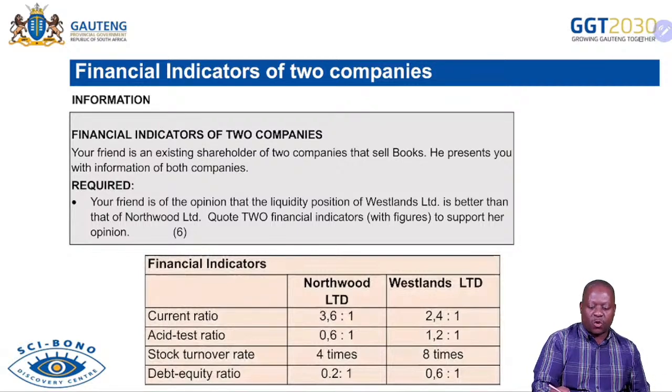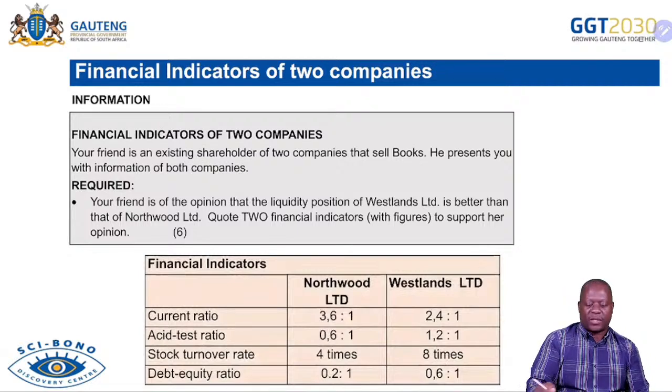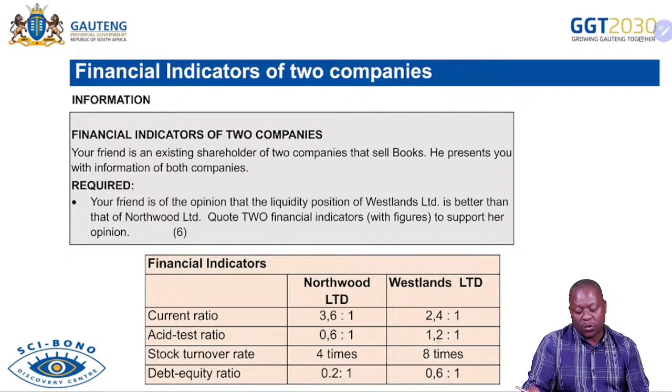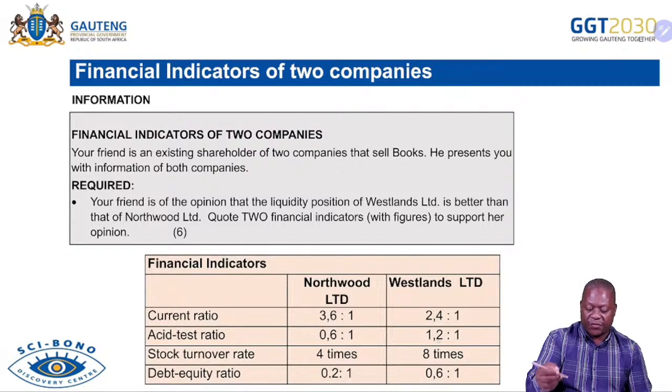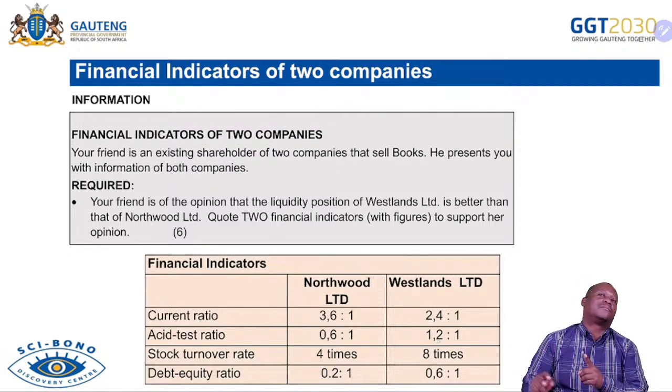So in short, what does that mean? When we take the 2.4 in the current ratio for Westland, and we subtract the 1.2 in the acid test ratio, we are going to remain with 1.2. That 1.2 represents what? Inventories.